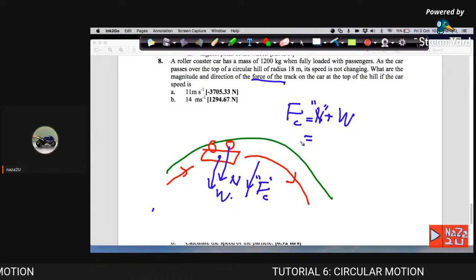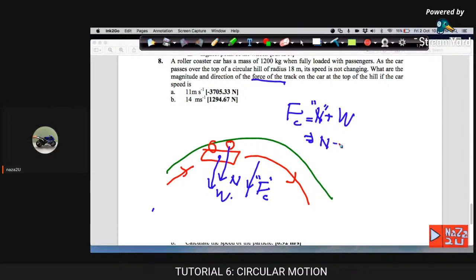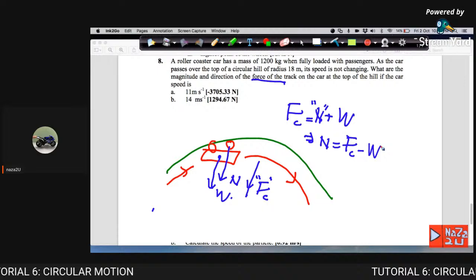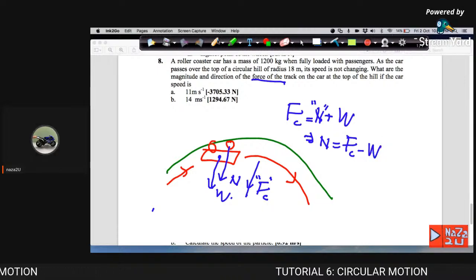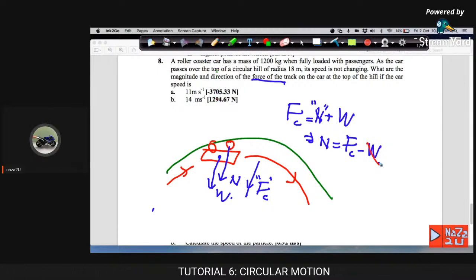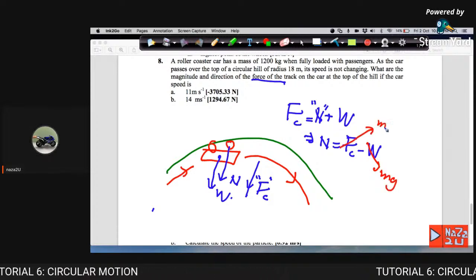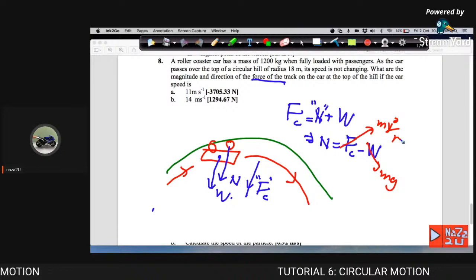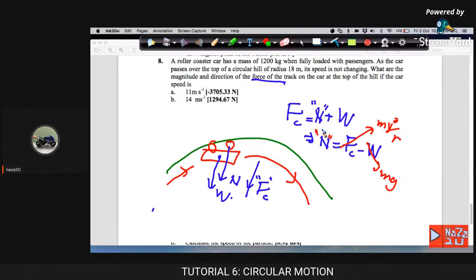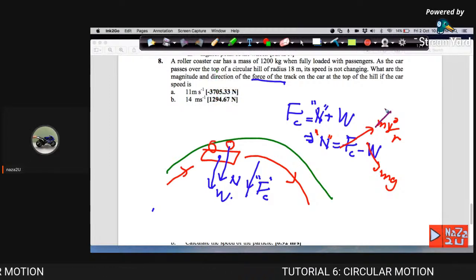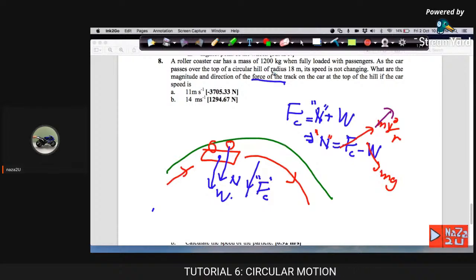So meaning here, nilai ni yang kita nak cari N. So the N here is equal to centripetal force minus weight force. So the weight force is equal to mg and the centripetal force is equal to mv squared divided by r. So to calculate the value of the N, you can use the value mass given by the question, 1,200 kilogram.